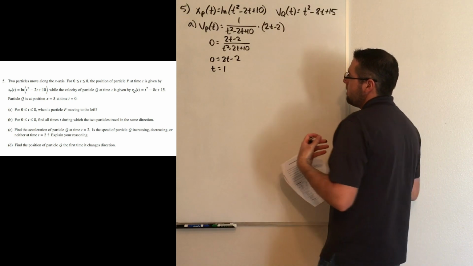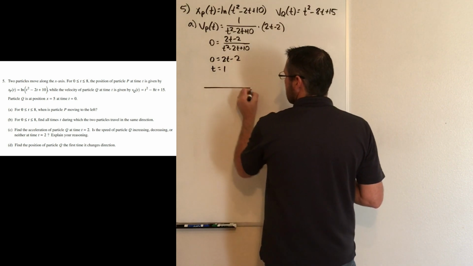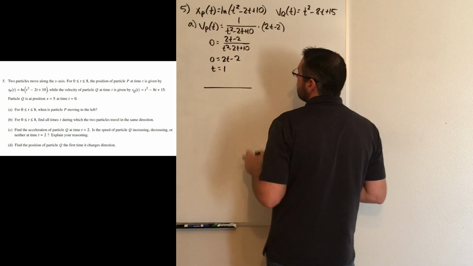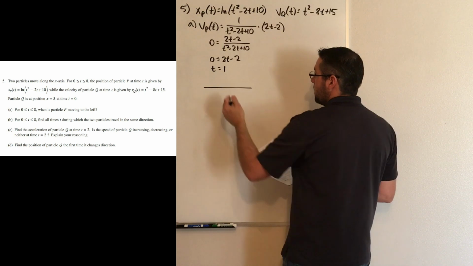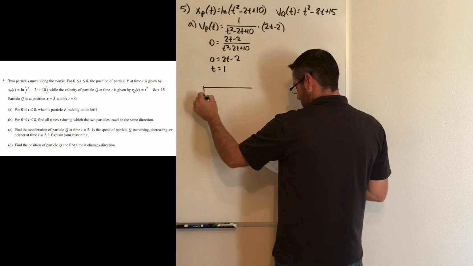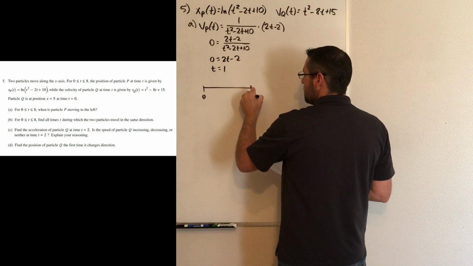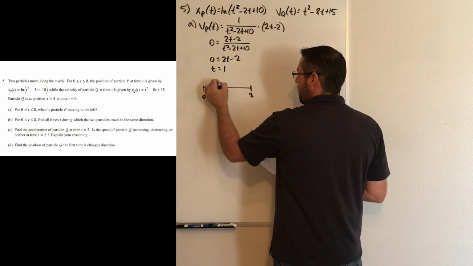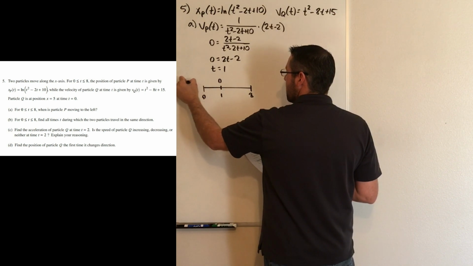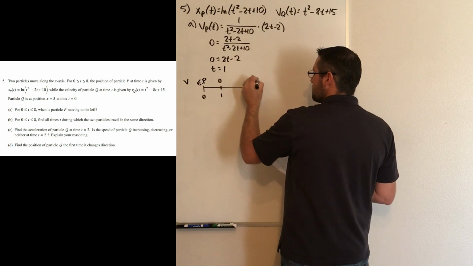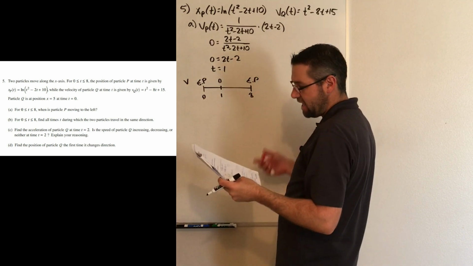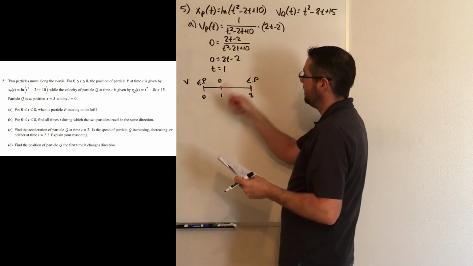Now, for my understanding, I like doing a number line here. That is my only critical point. Our endpoints, well, actually, we do have endpoints of 0 and 8. And then we have that critical point of 1. So this is when velocity is 0. We have an endpoint at 0 and 8. And we are looking for when velocity is negative because we're looking for when the particle is moving to the left.